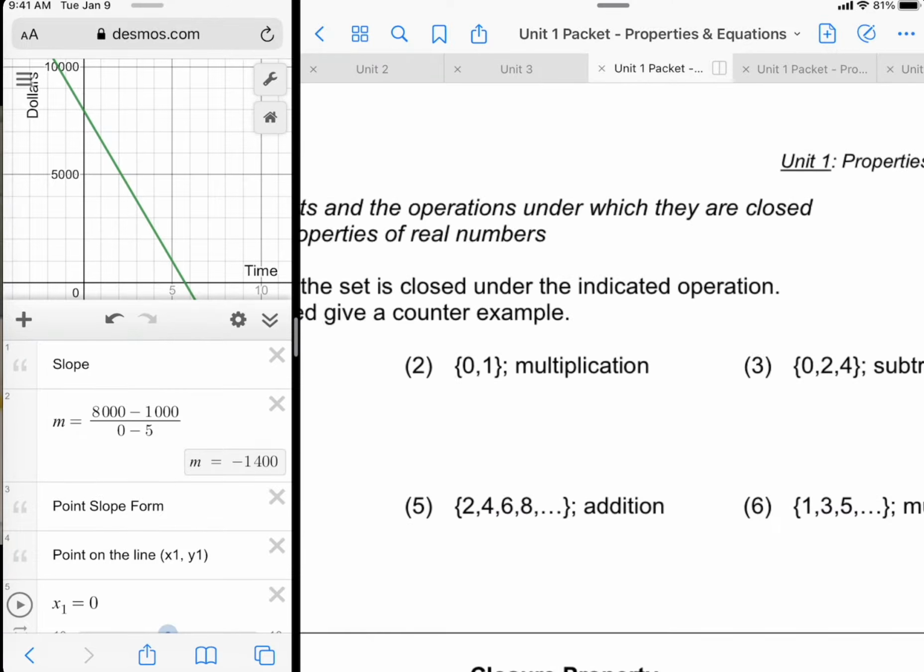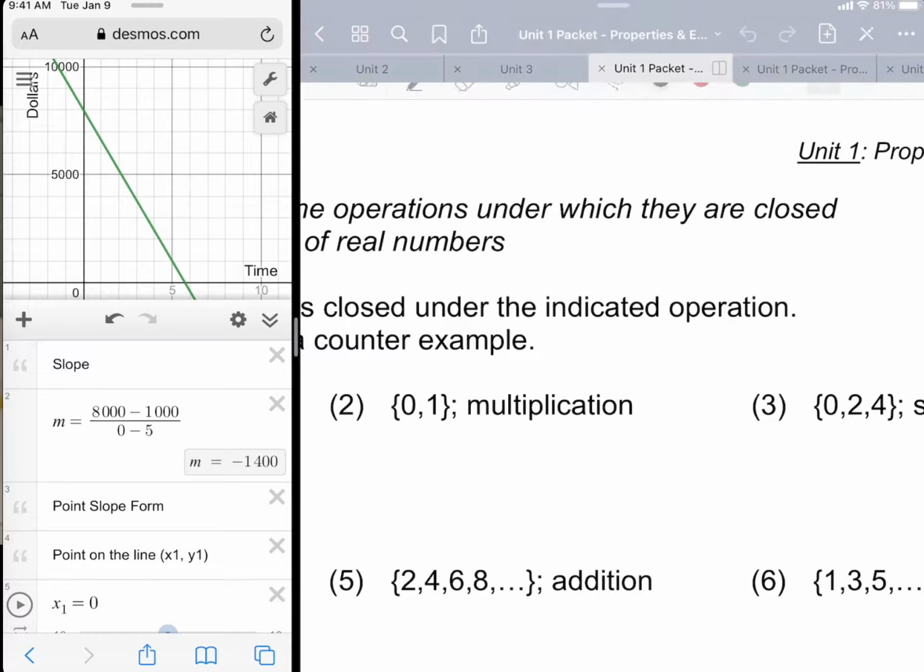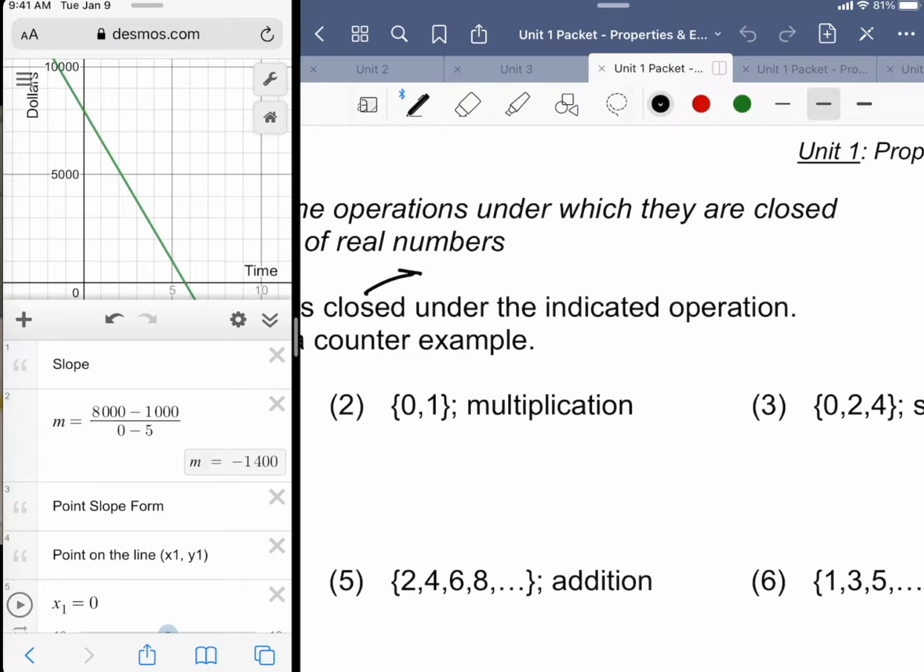So a set is closed if the result of an operation gives only results in the original set. Well, I'm using results too frequently there, so I'll say values.